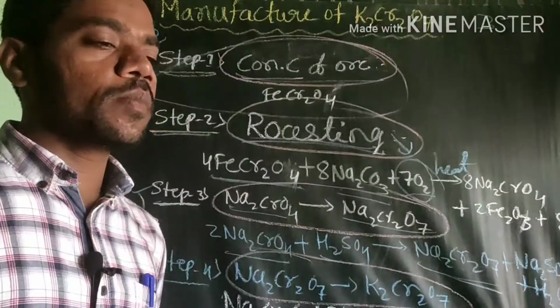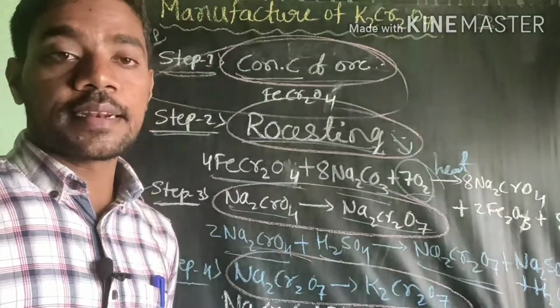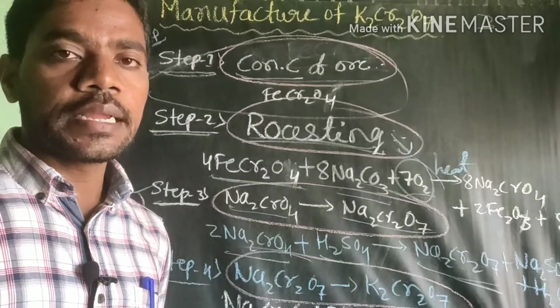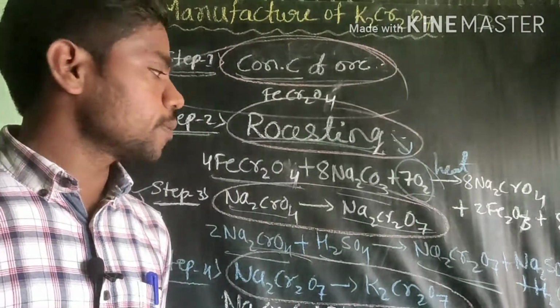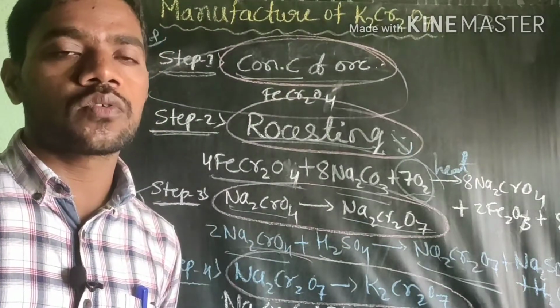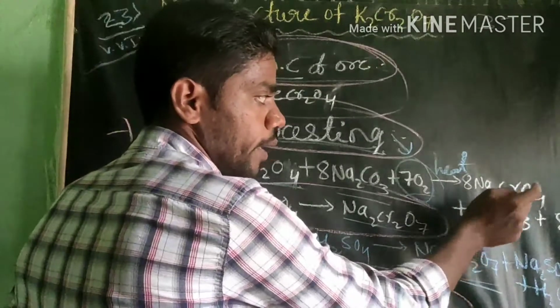In roasting, the concentrated iron chromate ore is heated in the presence of sodium carbonate and oxygen, and it gives rise to sodium chromate.